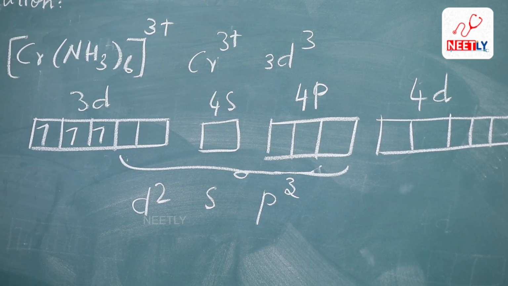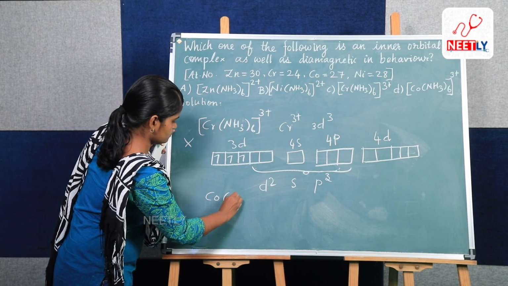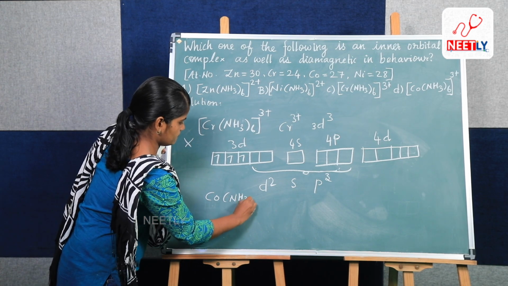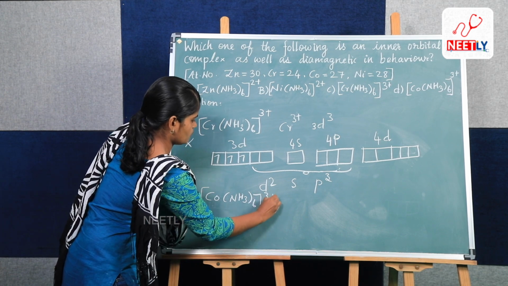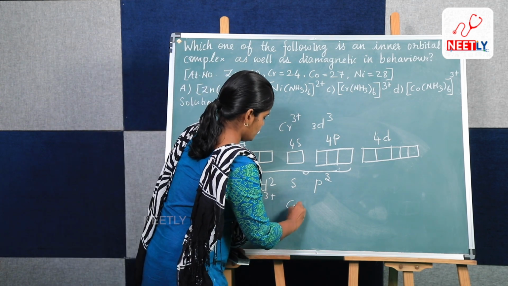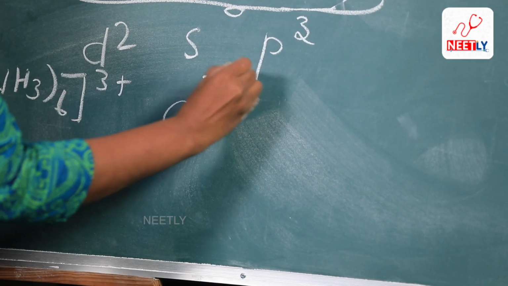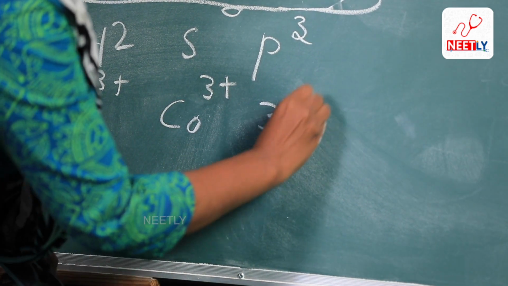And if we take the option, the complex hexamine cobalt 3+ ion, where the cobalt has oxidation state of +3 and its electronic configuration is 3d6.